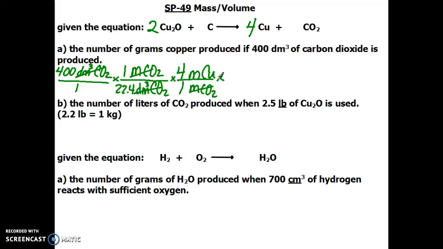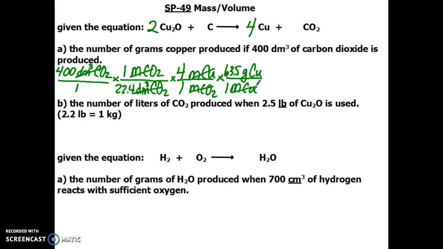My last step is to go from moles back to what I'm looking for. In this case, I'm looking for grams. So I'm going to go with 1 mole of copper on bottom. The molar mass of copper, the one we're going to use, is 63.5 on top. Moles cross off, moles cross off. And so I'm down to the mathematics part of it.